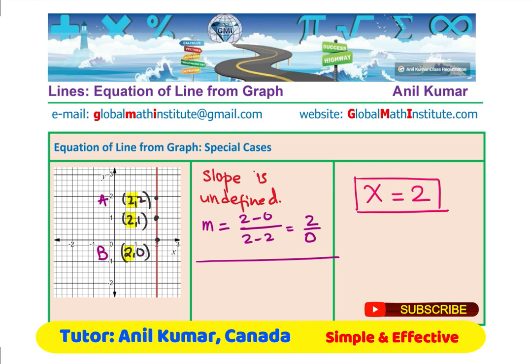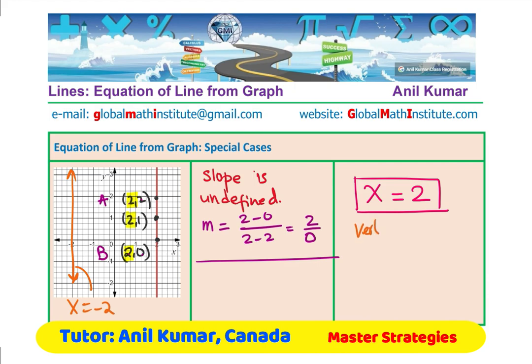For example, if I draw a line here, what will be the equation of this line? Since the x value is minus 2, this will be x equals minus 2. You get the idea. Since that is constant, the vertical line equation will be x equals some value k, where k is the x-intercept.